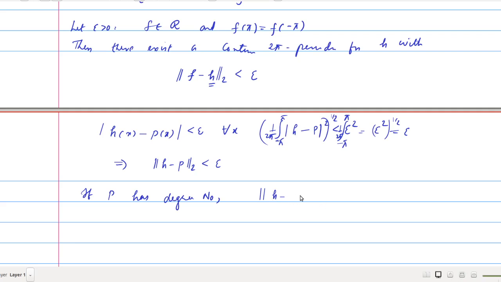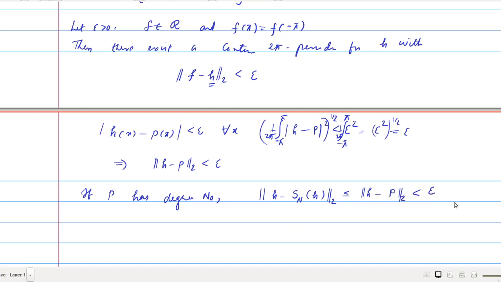So if you take the sequence of partial sums of the Fourier series of h, then we get the 2 norm of h minus Sn of h is less than or equal to the 2 norm of h minus any trigonometric polynomial. Since we have a trigonometric polynomial with distance less than epsilon, the partial sums of the Fourier series are very close to h. So since this is less than epsilon, this is also less than epsilon, with respect to the 2 norm.